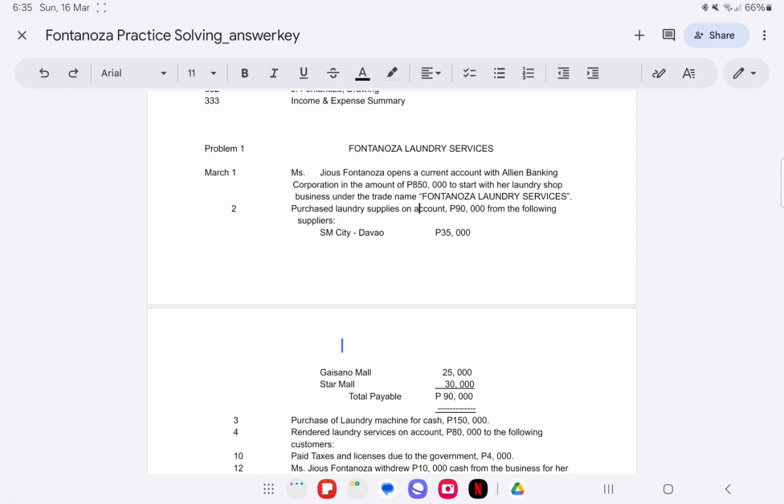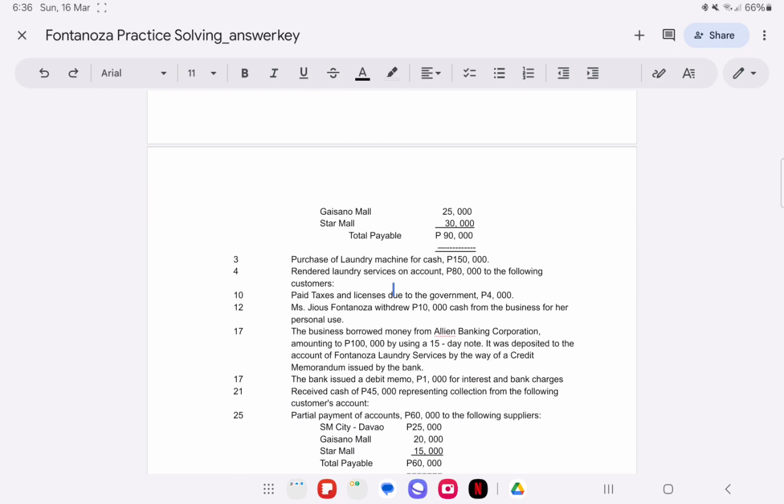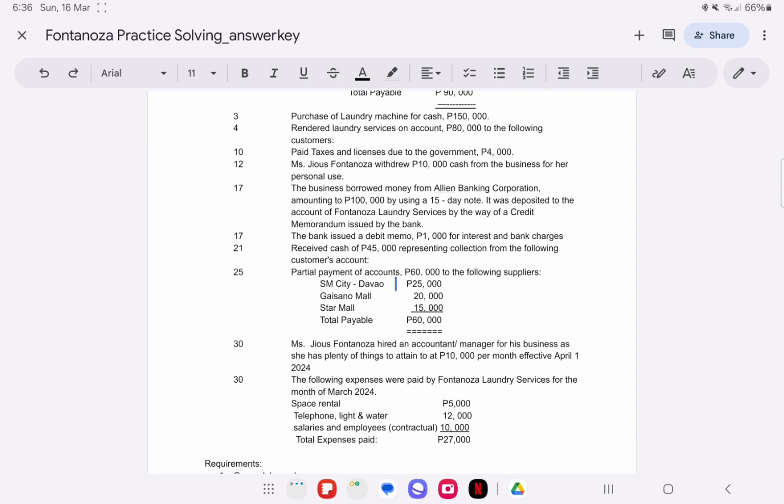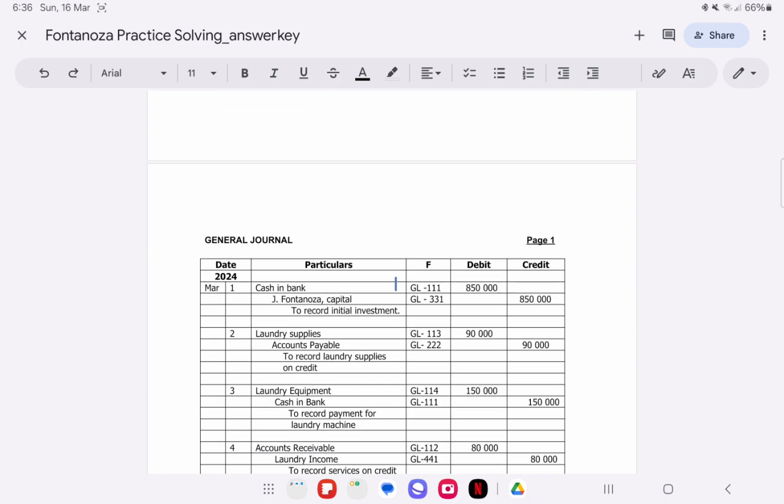And what's your value parted with? Okay, so accounts payable, since you are promising to pay. Okay, so let's try to check your entry here in journalizing.